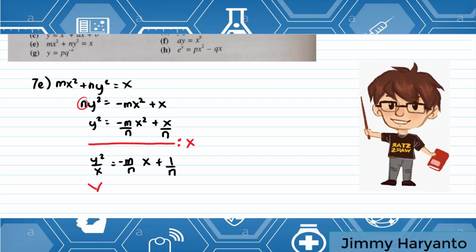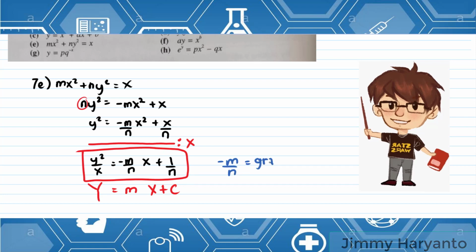It's y equals mx plus c. This is the expression, and then I have to explain what negative m over n is. It's in front of the x, so it will be the gradient, and the constant 1 over n is the y-intercept. It's for number 7, guys.